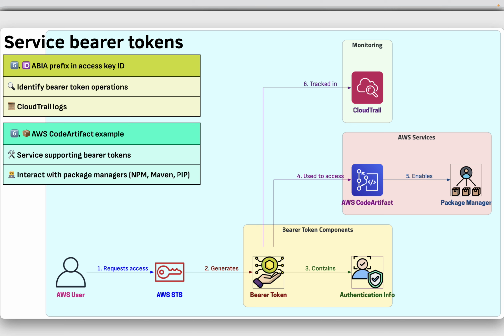To obtain a bearer token for AWS CodeArtifact operations, users must invoke the AWS CodeArtifact service, and then you have an operation called GetAuthorizationToken, which returns the necessary token, which is the bearer token. As an alternative, the aws codeartifact login command can be used, which performs the same token acquisition operation and additionally automates the configuration of the client.